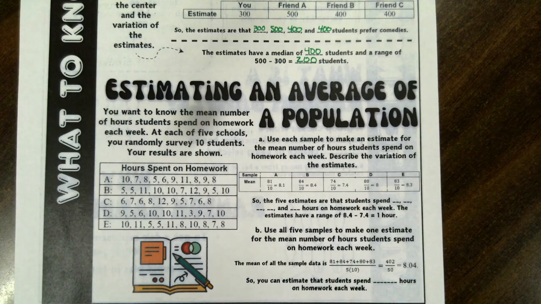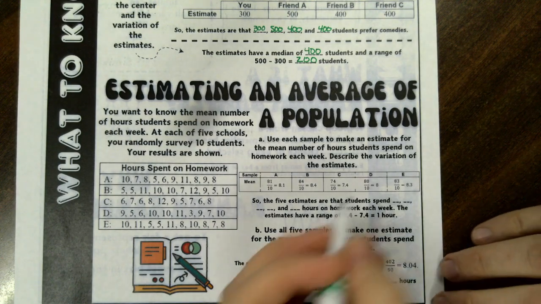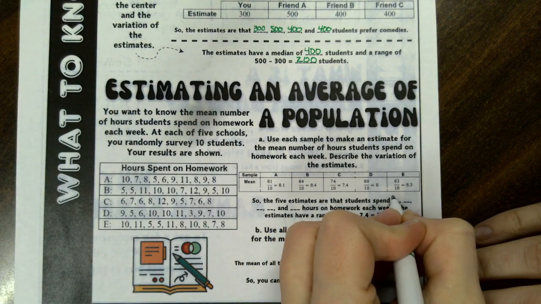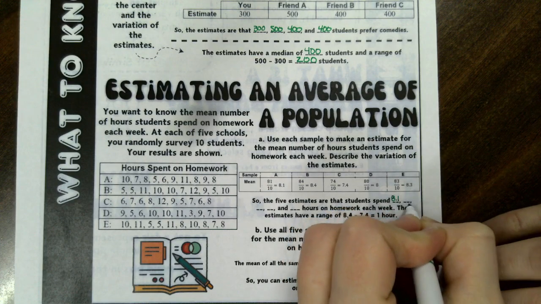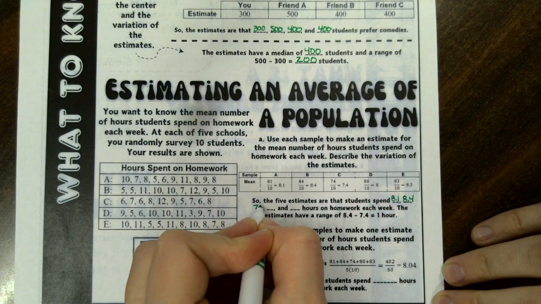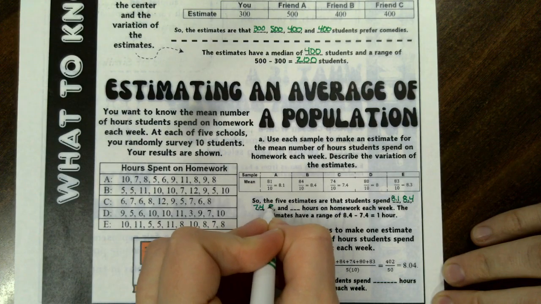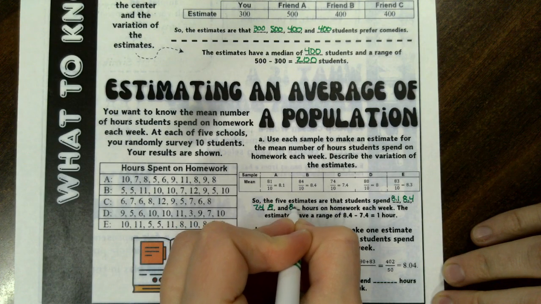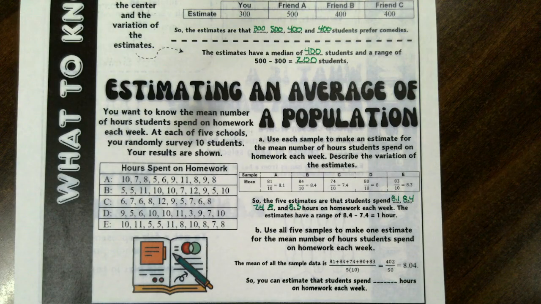So the 5 estimates are that students spend 8.1, 8.4, 7.4, 8, and 8.3 hours on homework each week. The estimates have a range of 8.4 to 7.4, or 1 hour, right?